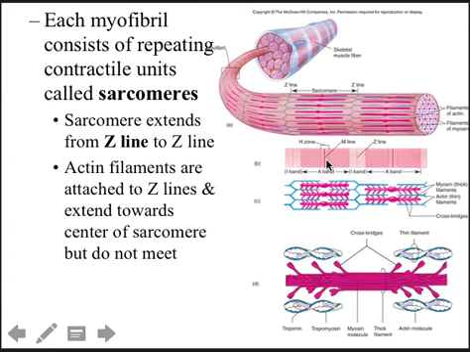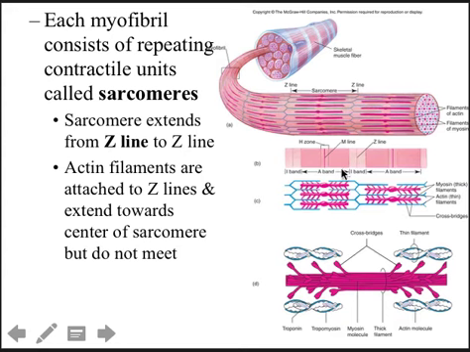It's like their anchor point. And then around them is an area where there's no overlap of actin and myosin, and we call that the H zone.